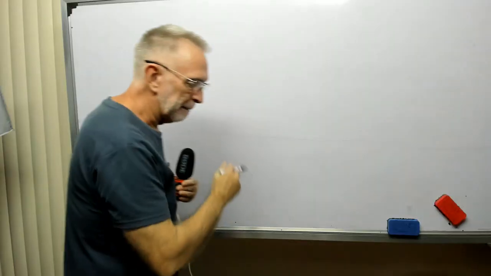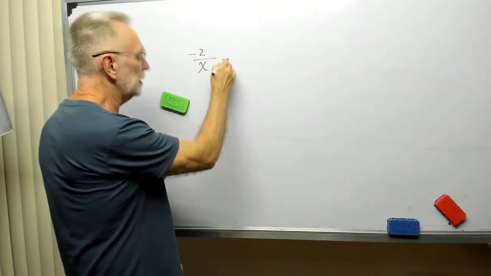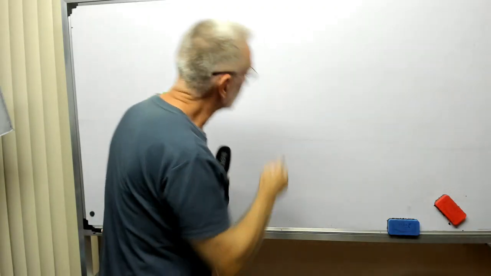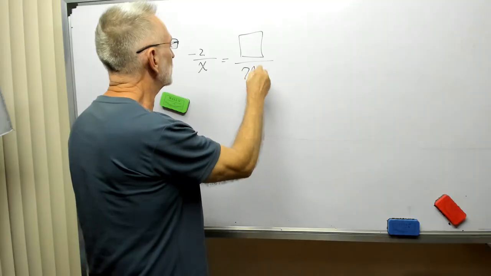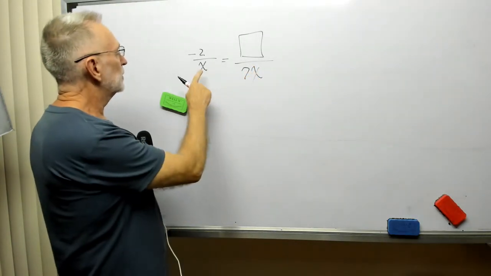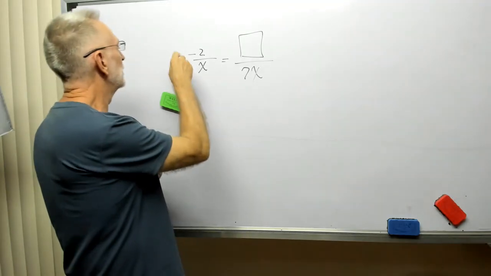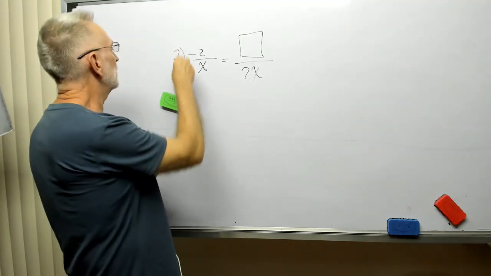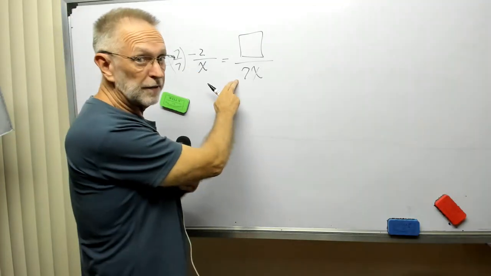We'll get a little harder in a moment. Minus 2/x equals something in the box divided by 7x. Okay, 7x divided by x is 7. 7/7. Okay, 7 times x is 7x.